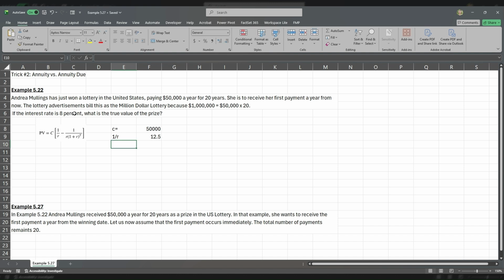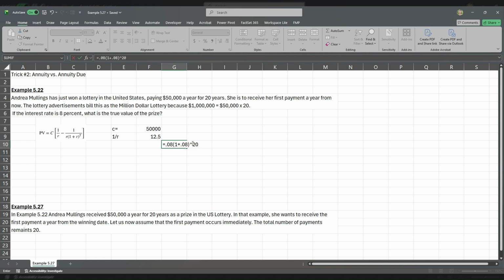And I'll just do first the denominator here, R times 1 plus R to the power of T. So equals 0.08 times 1 plus 0.08 to the power of T here, which is 20.